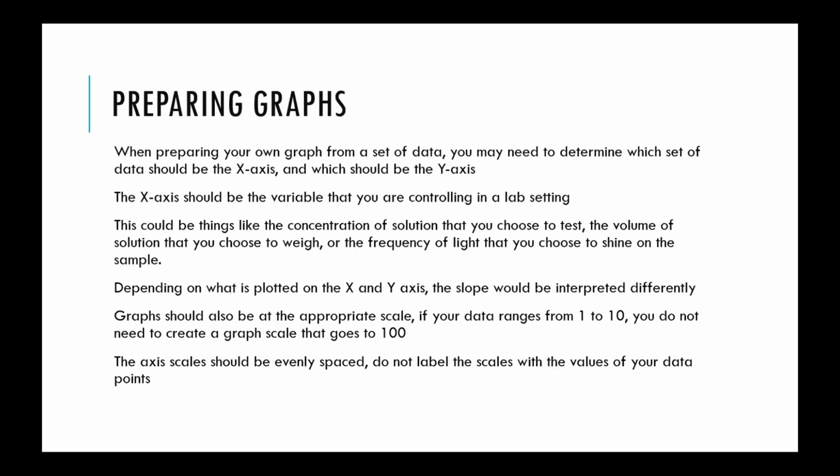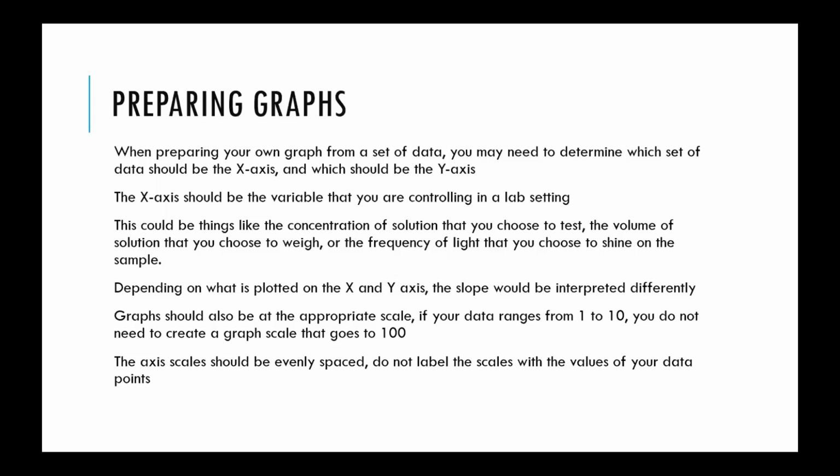So if your data only goes from 1 to 10, you should not make a giant graph that goes all the way out to 100. There will be a lot of empty space on that graph then, and you really don't need that. Either if you were to graph by hand or if you were doing a graph through a graphing program.